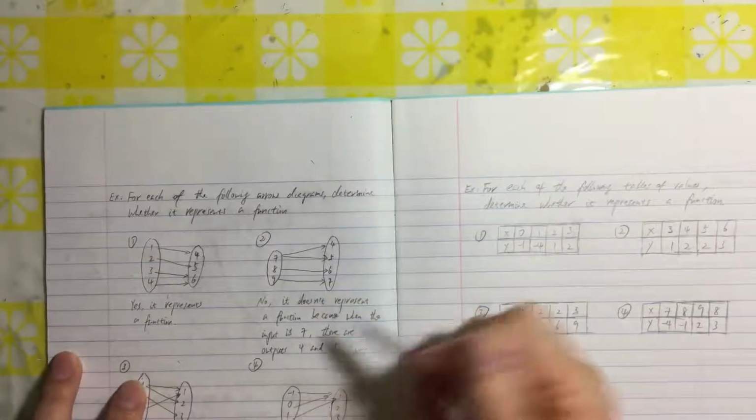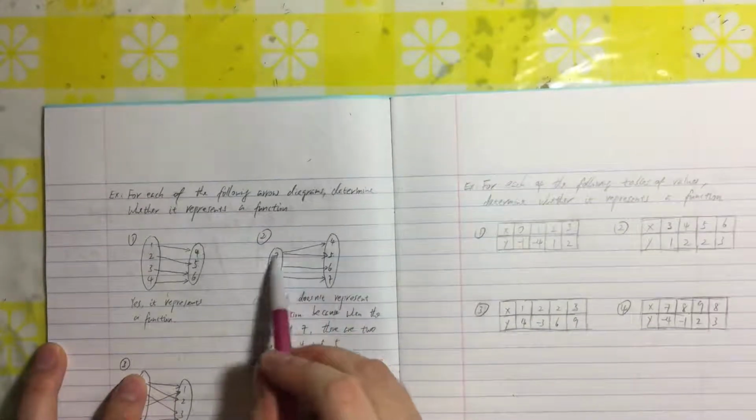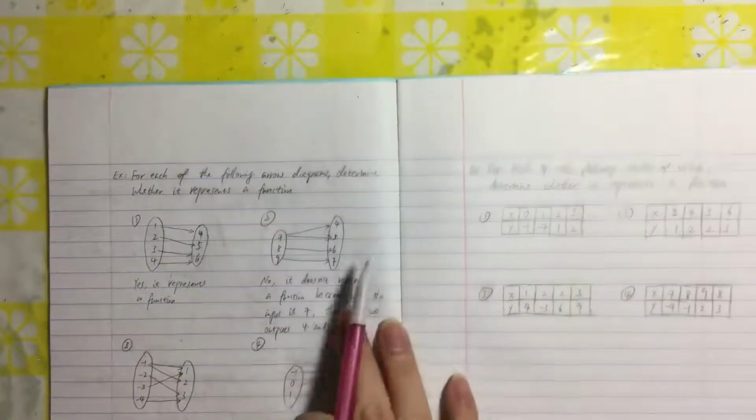When the input is 7, there are 2 outputs. If for any input there are 2 outputs, this is not a function. So this arrow diagram doesn't represent a function.